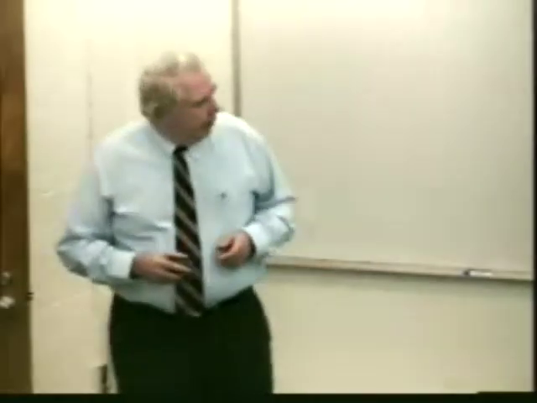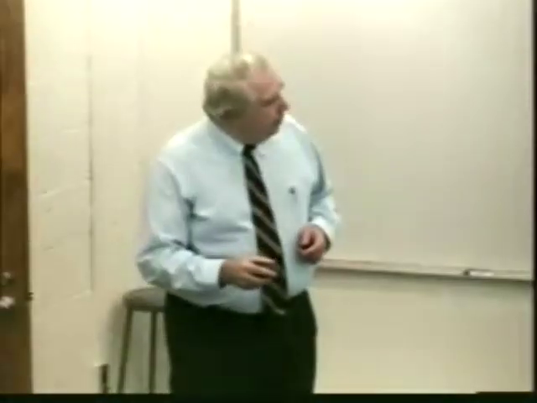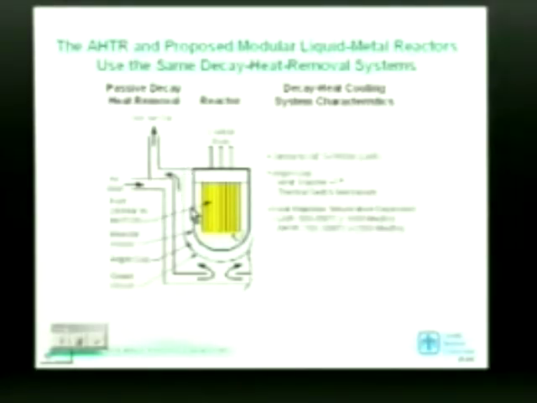There's one other interesting characteristic about this. General Electric has done a lot of design work on their liquid metal reactor. And in the case of their liquid metal reactor, where they have temperatures of 500 to 550 degrees Celsius, they have discovered, after lots of calculations and experiments, that the maximum size of their reactor can be about 1,000 megawatts electric.